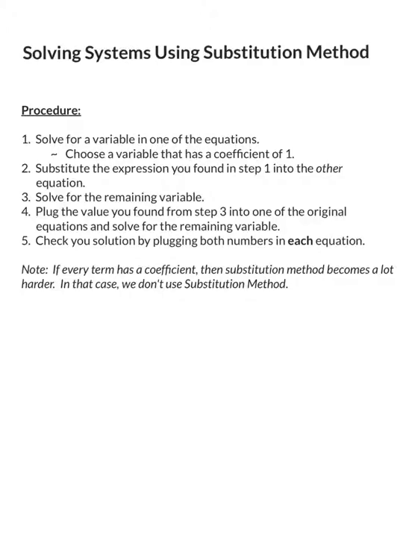So to give you an idea of how this works, let's say that we have x equals 3y minus 7, and let's say y is equal to 2. How would we solve for x? The trick to this is I'm going to take my 2 for y and plug it into the first equation.